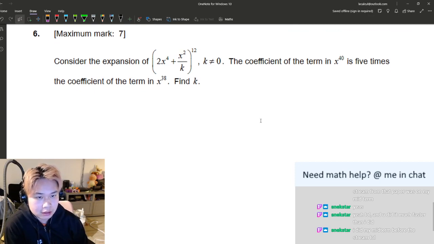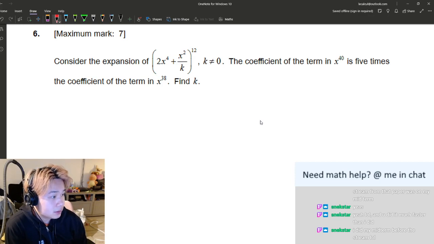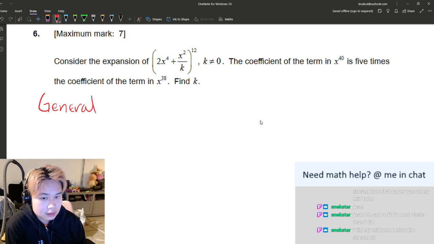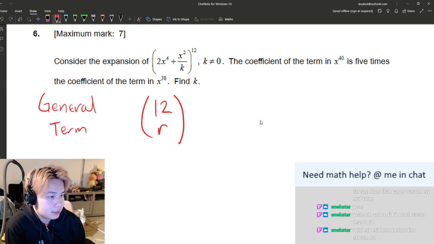Alrighty, so what do we got? If we were to use the general term formula, then this is 12 to the power of something, r. And I'm talking about r for this one. I guess I'll call it r1, because there's going to be two different r values related to the x to the power 40 and then the x to the power 38.